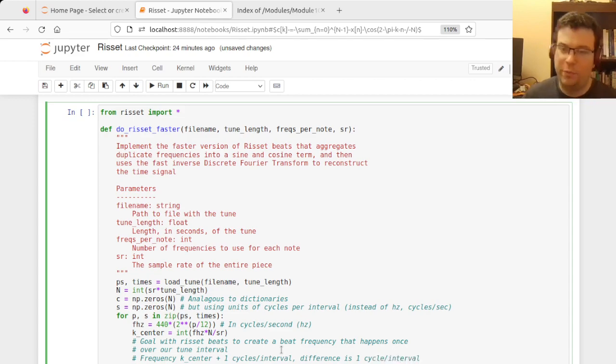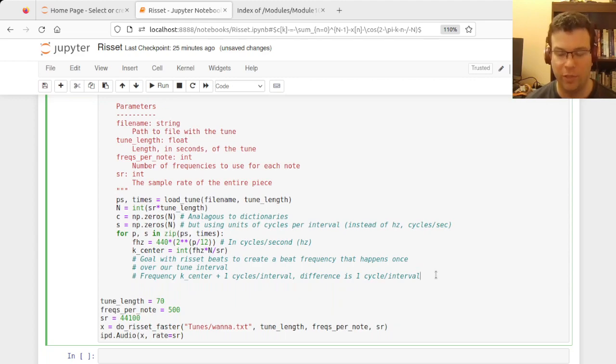So now we're able to express in a very elegant way, because we're in the exact right units, what the nearby frequencies are that create the beat at the frequency we need, to happen once in the tune. We're trying to have each note happen once. We want to make sure that the beat frequency only happens once per interval. And so literally that's just adding or subtracting 1 from the center frequency.